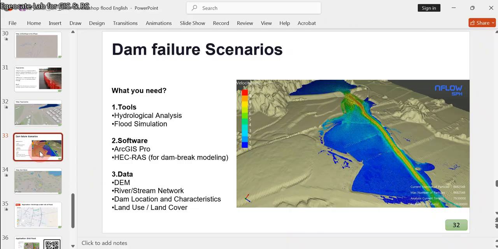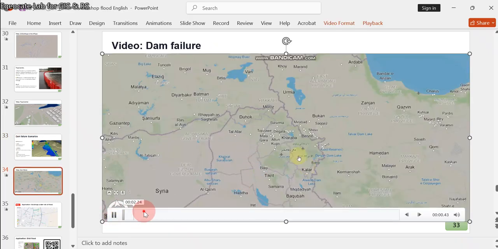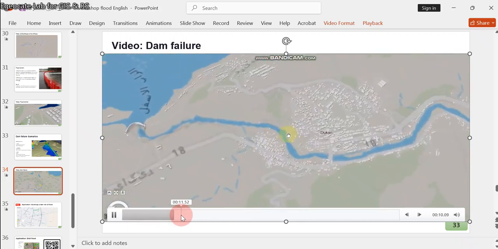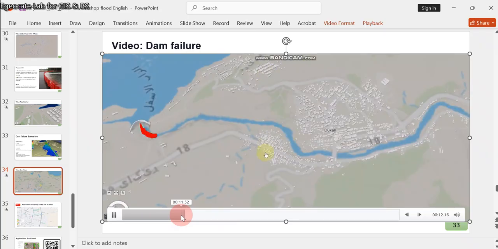Also, we can use flood simulation, or the flow of water simulation, for dam breakage, dam failure, and we can understand how failure of a dam will impact the surrounding area. For example, this is an example of Dukan Dam, which is in north of Iraq, in Kurdistan region of Iraq, in Suleimania Governorate.